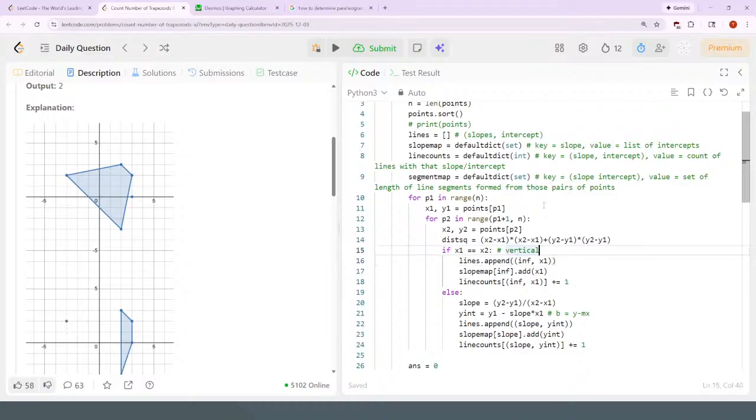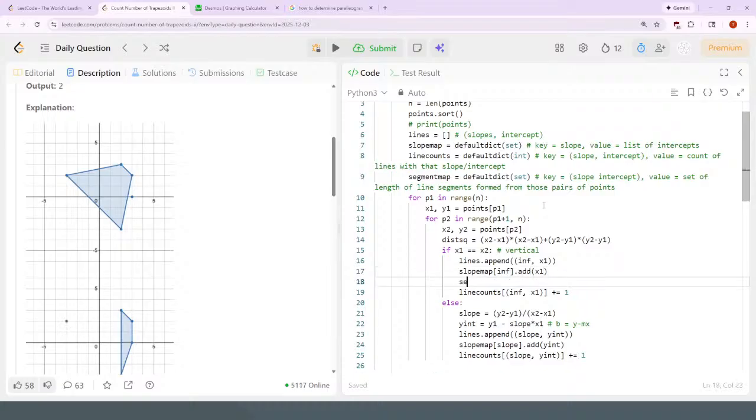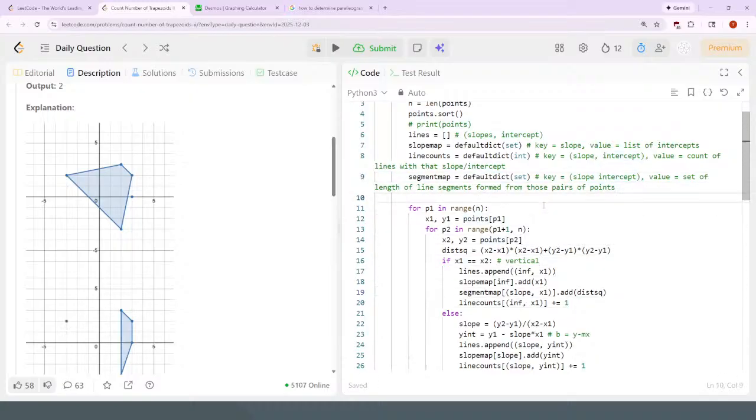So slope map has segment map, where I'm dealing with the slope and this intercept, which is x1, adds this distance squared.